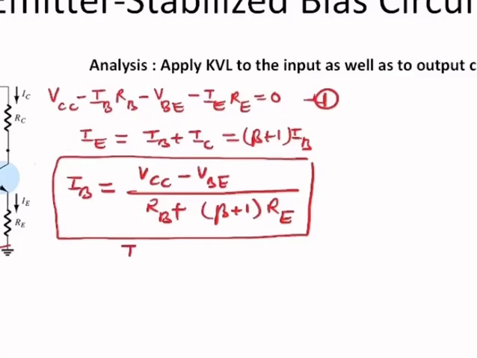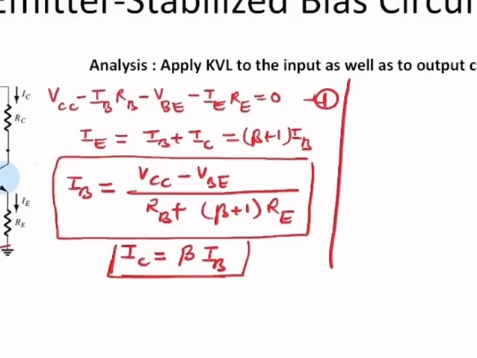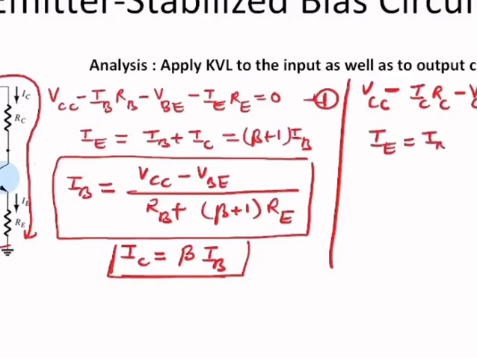By using this value of base current, we can compute IC in the output circuit by using the relation IC is equal to beta IB. Now apply KVL to the output circuit to get the value of VCE. The output circuit is this. When we apply KVL, we get VCC minus IC RC minus VCE minus IE RE is equal to 0, where IE is equal to IB plus IC.